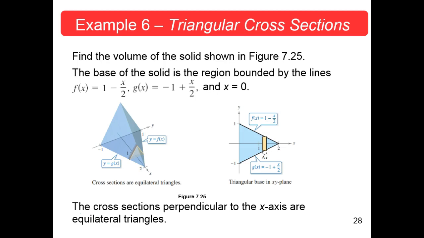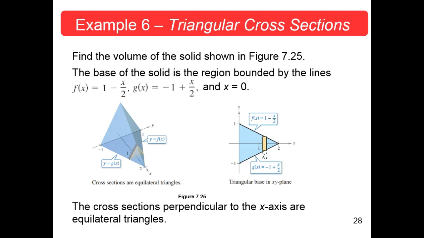That's going to be one side here, and then you're going up in equal length here and equal length there. This is a weird way to express the problem. Cross-sectional, okay, equilateral triangles. So we know the base. We can calculate the base of that triangle. It's this minus that, right? Because it's the upper one minus the lower one.